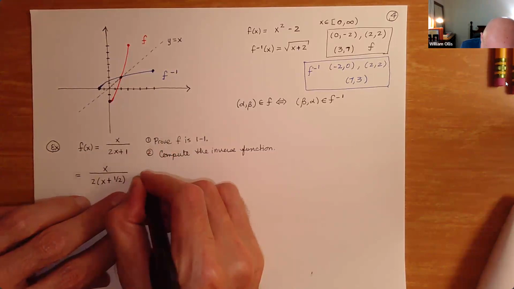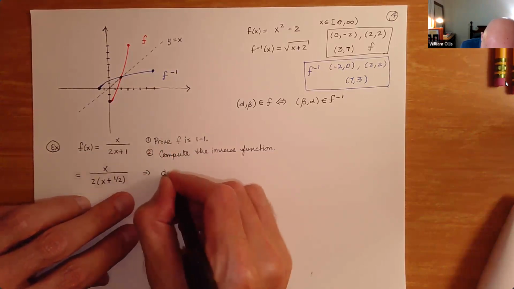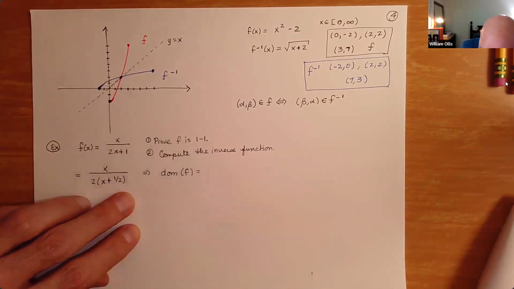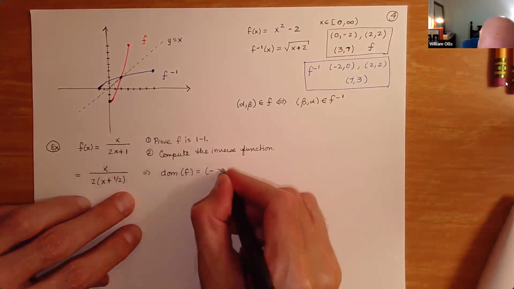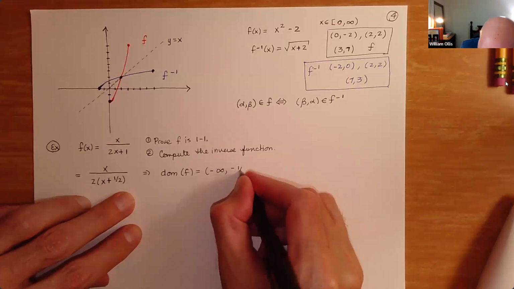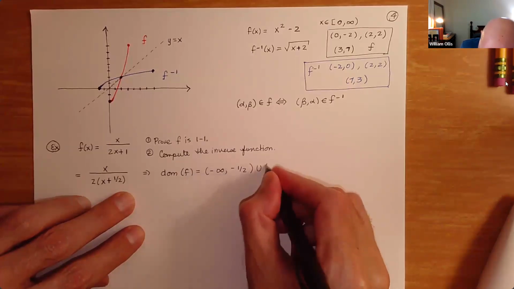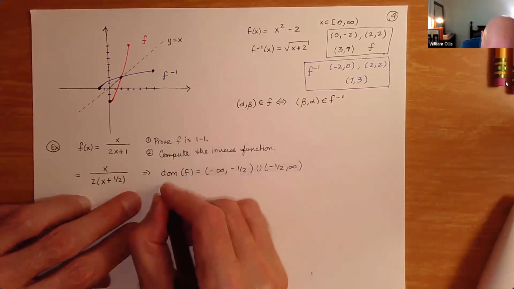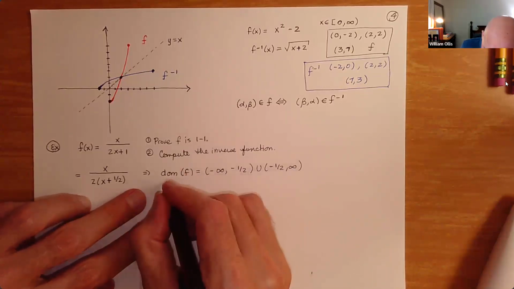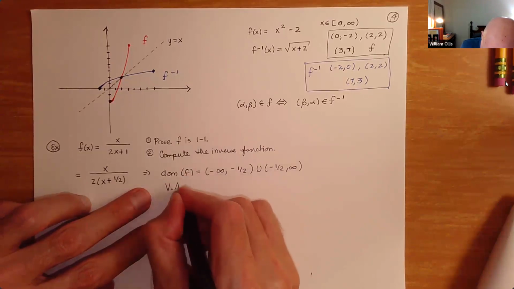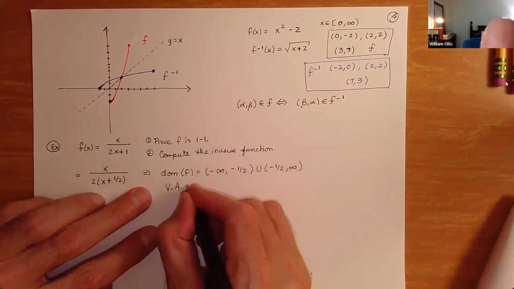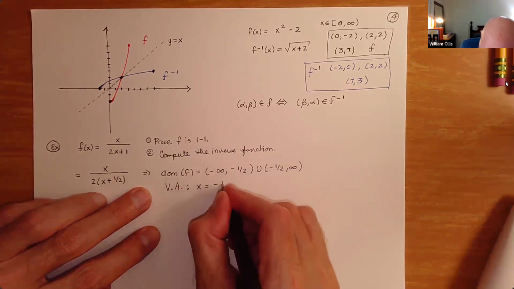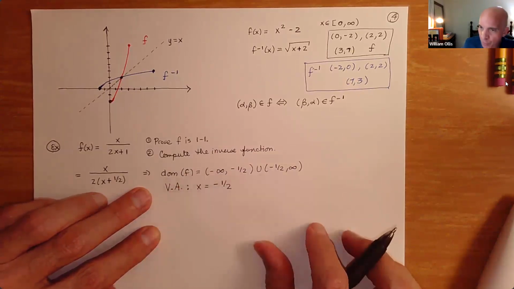So here, this implies that the domain of f will be all real numbers except -1/2. And we see that that defines a vertical asymptote. So we have vertical asymptote x equals -1/2. So that's just kind of a freebie there.